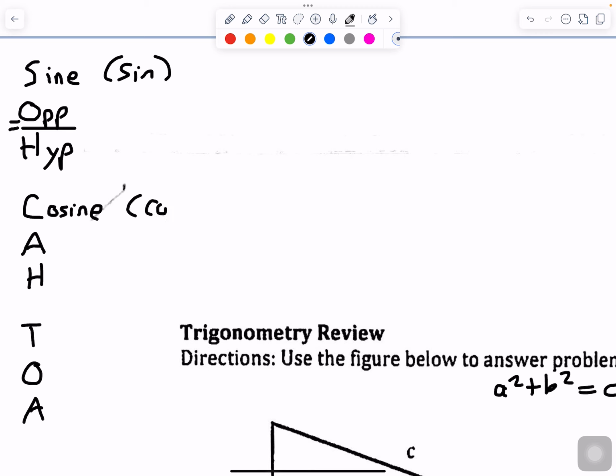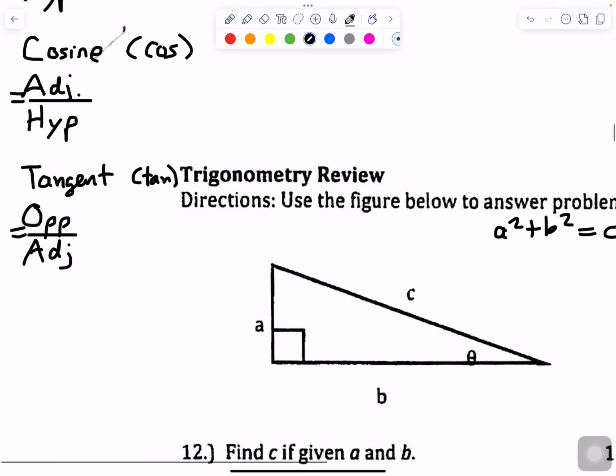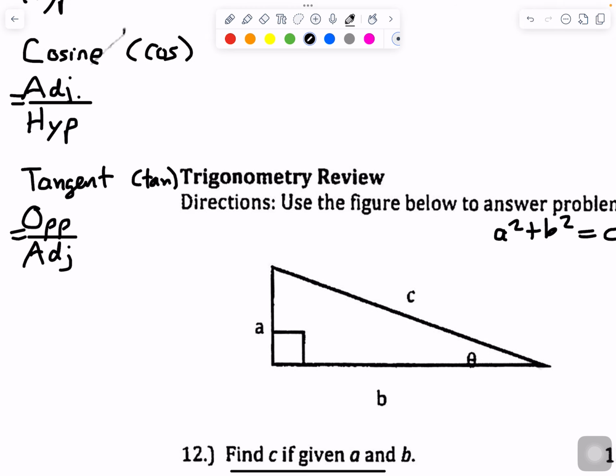Cosine is abbreviated cos on your calculator, and that's equal to the adjacent side of the triangle divided by the hypotenuse. T stands for tangent, which is abbreviated tan, and that's equal to the opposite side over the adjacent side. So, okay, now let's look at this right here.